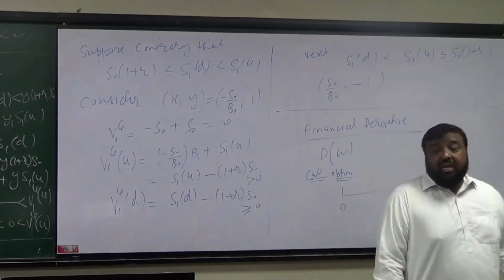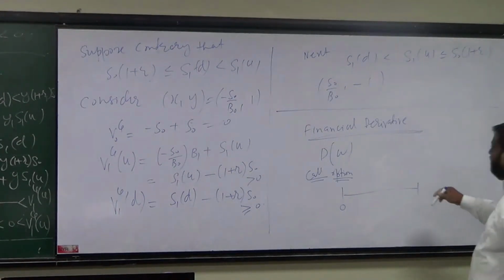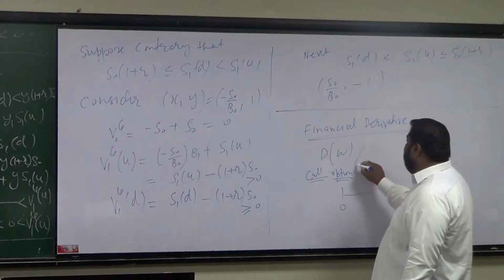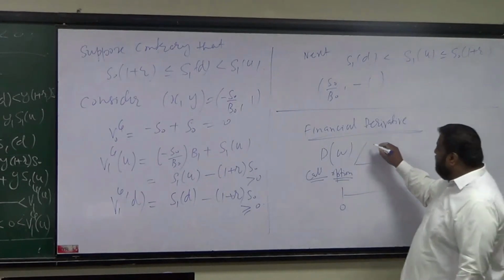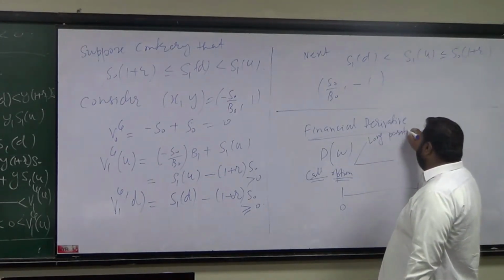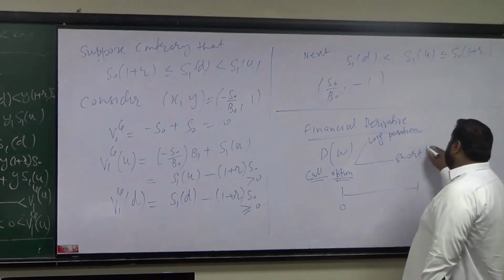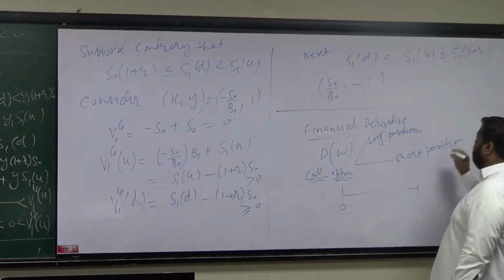There are two kinds of people involved in options: someone who is in the long position and someone who is in the short position. What is the meaning of being in the long position in an option?